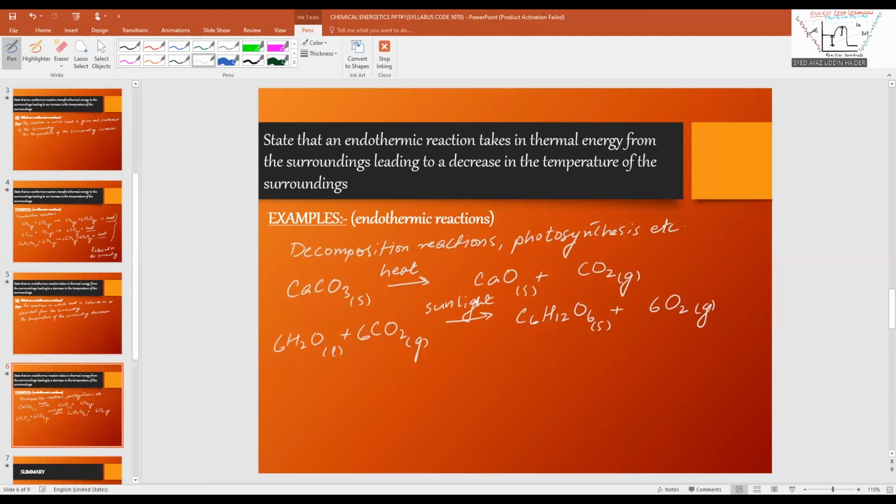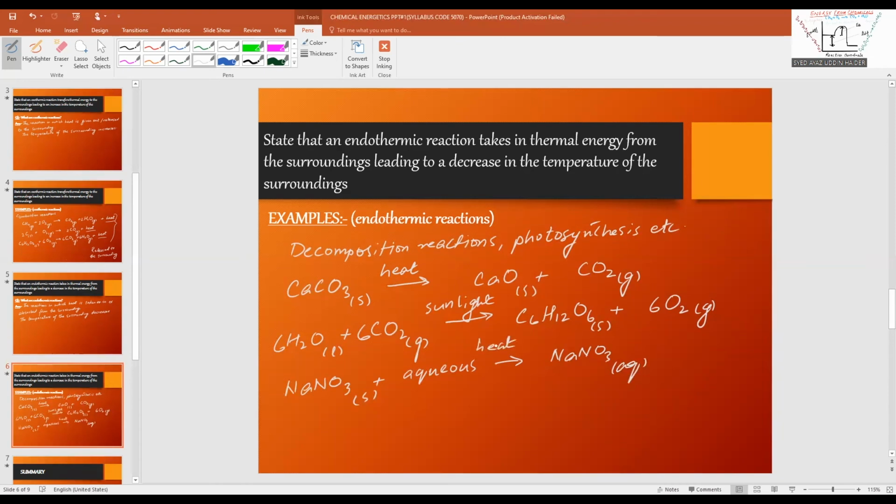The other reaction is dissolving salt like NaNO3 in water. Write the state symbols. This reaction also takes in heat.